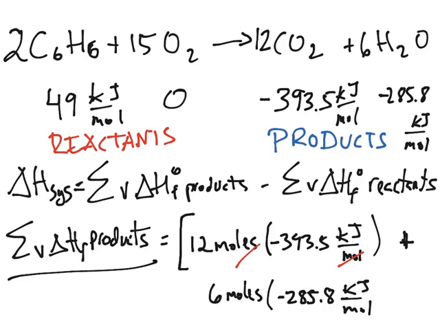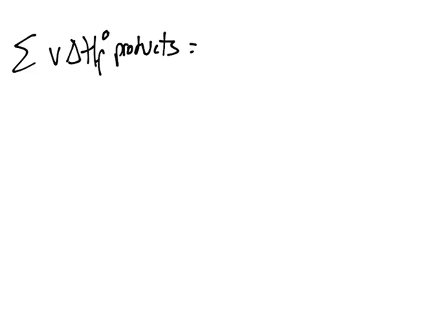That also goes with this, and then we close the brackets. So for the products, I obtain the sum of V delta HF of the products: negative 6,436.8 kilojoules. First part of our equation.